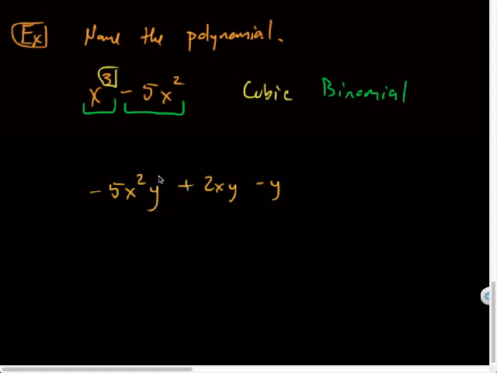The degree is technically 3. It doesn't include the degree of the constant. It's the sum of the variable exponents. The degree of this term was 3, the degree of this term was 2, the degree of this term was 1. So it's cubic, and the number of terms is 3. So yeah, cubic trinomial.